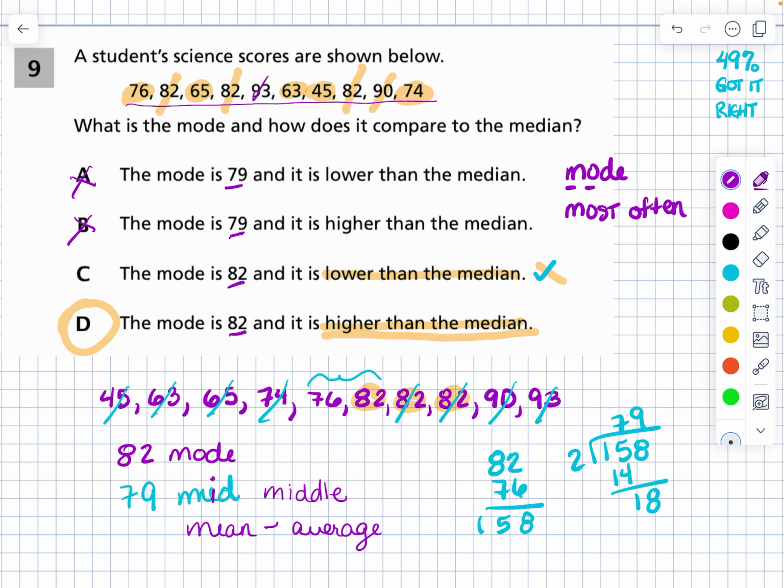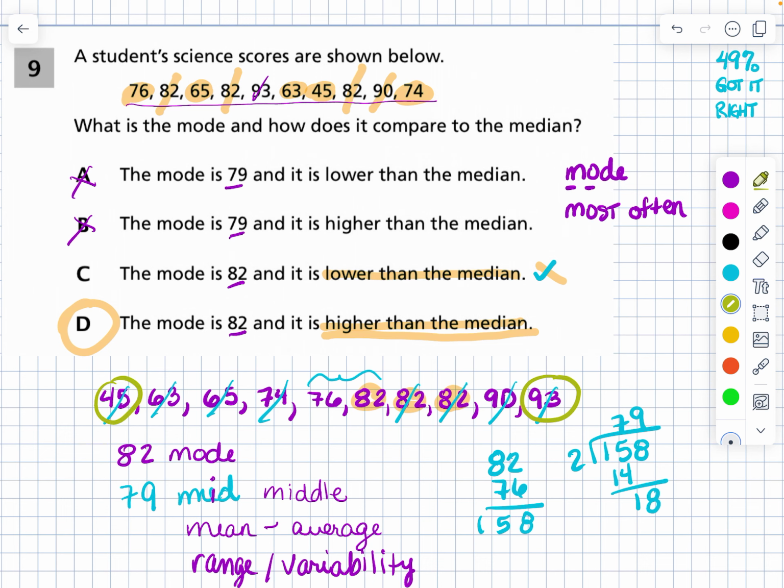So mean, median, mode, and then there's range or variability. I've heard it both ways, range or variability. Variability sounds good to me because it's how much do these numbers vary. And again, you've got these numbers listed from least to greatest, so we can see that pretty quick.